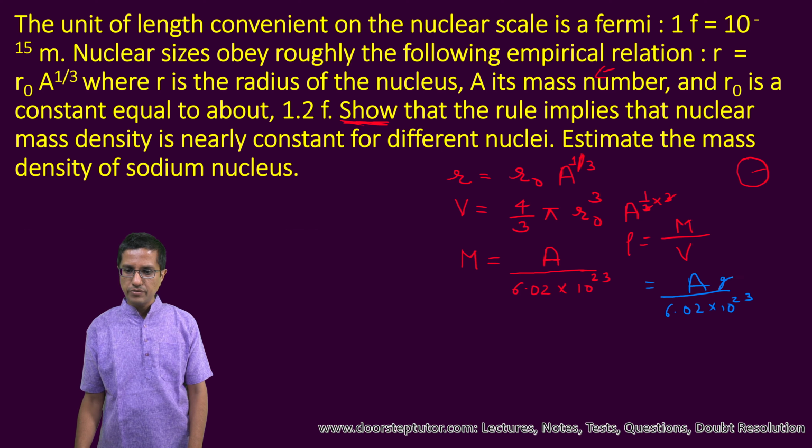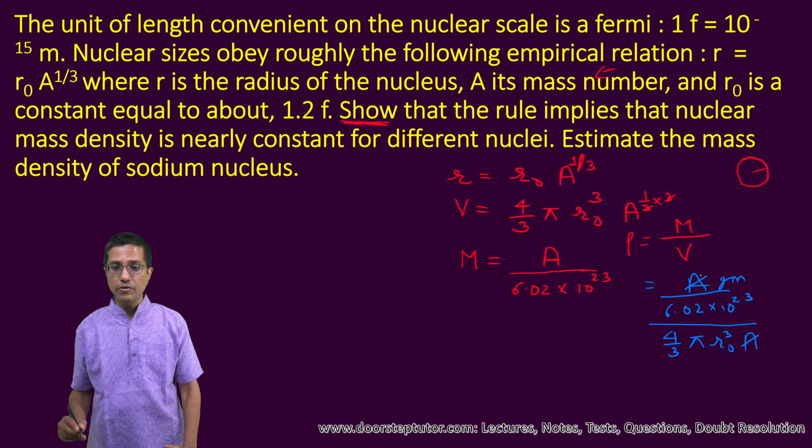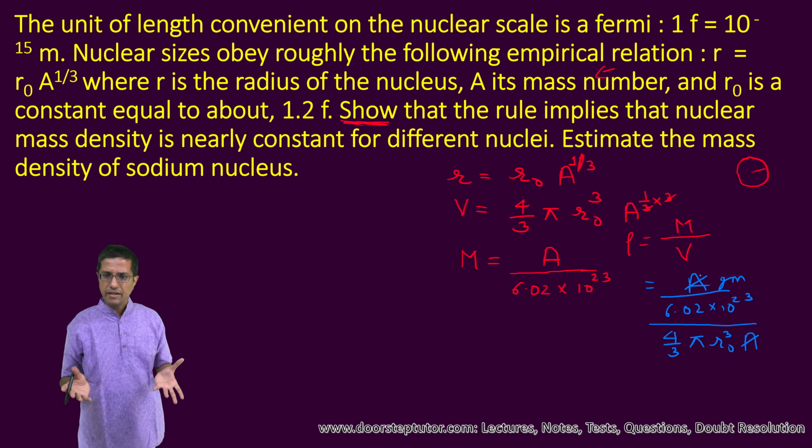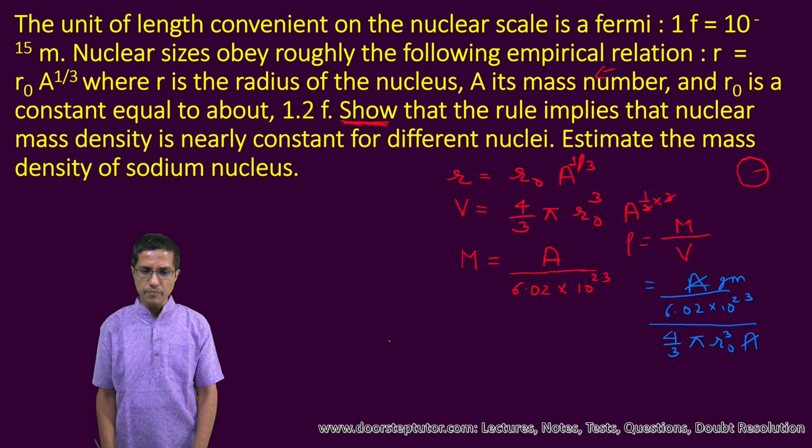Then we have our volume, which is 4 by 3 pi R0 cube into A. Now this A and this A would of course cancel. That is very, very simple. The A and A cancel because they are both appearing on the top.